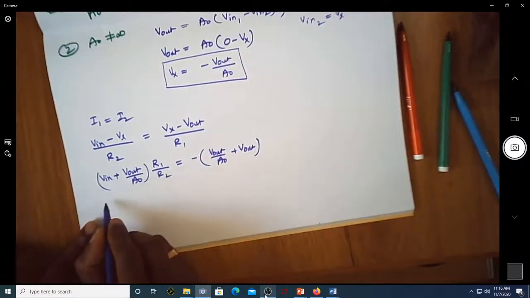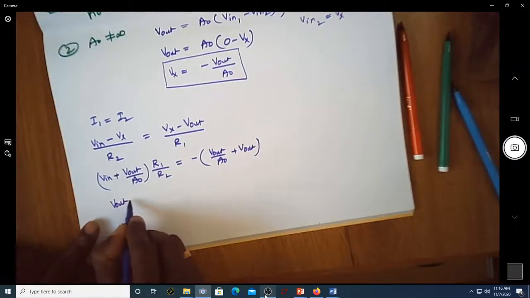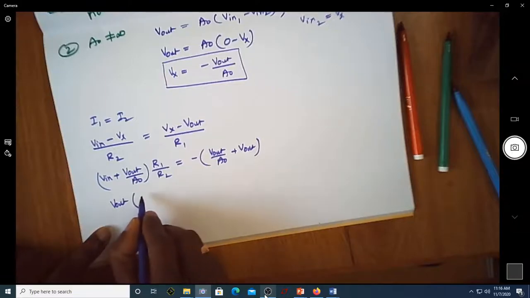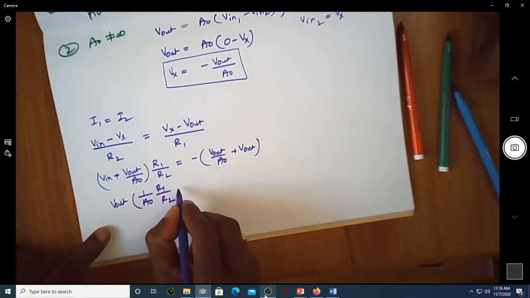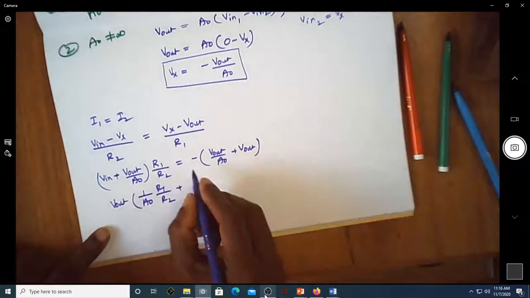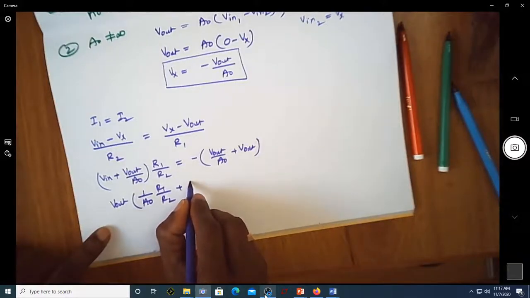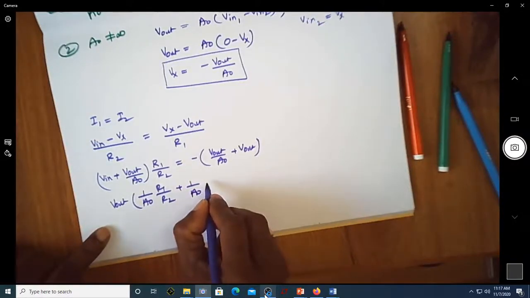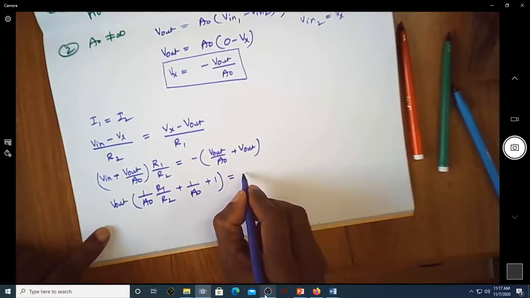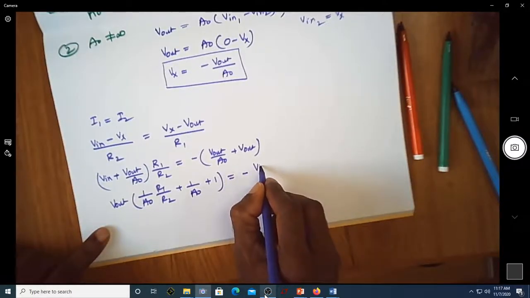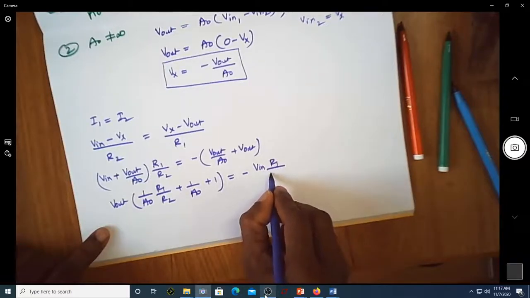I will take V out totally common. So I can write this as (1 over A0 plus 1) equal to minus V in R1 by R2.